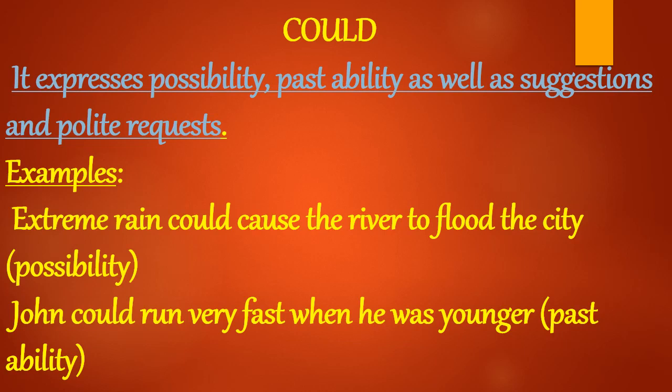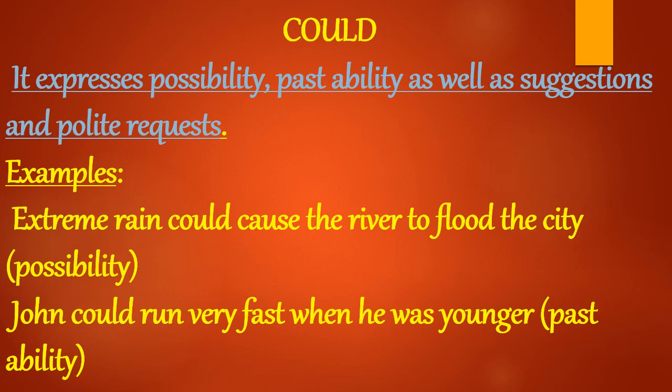Means in an indirect speech, could is used as past tense of can, and could is used to express power and ability in the past tense. And it also expresses possibility but in the past tense. For example, extreme rain could cause the river to flood the city.